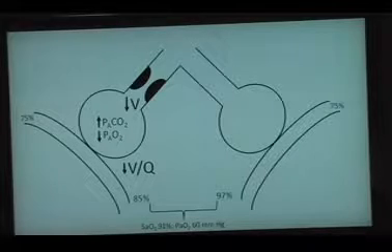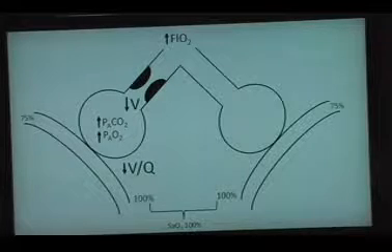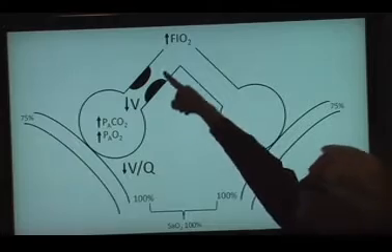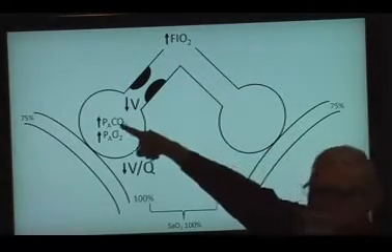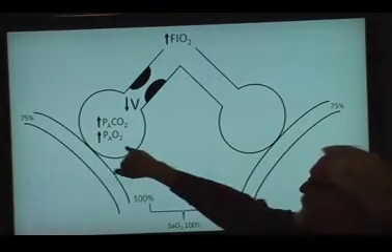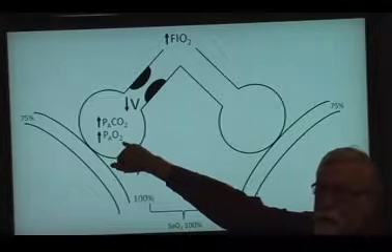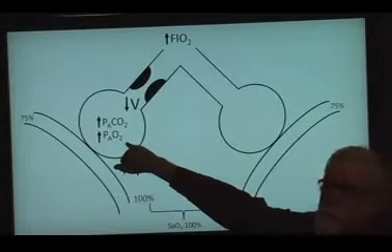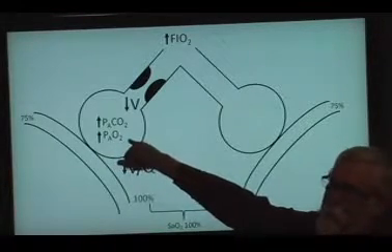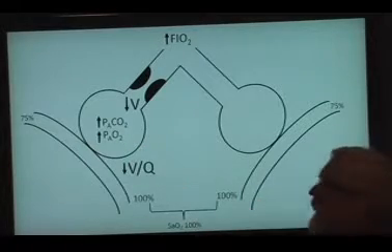Now, what happens if we administer 100% oxygen in this case? Well, now if we increase the FiO2, because we can get oxygen into this alveolus, the alveolar PO2 will go up. It will go up a lot. It may not go up by a perfect amount, but it will go up a lot.